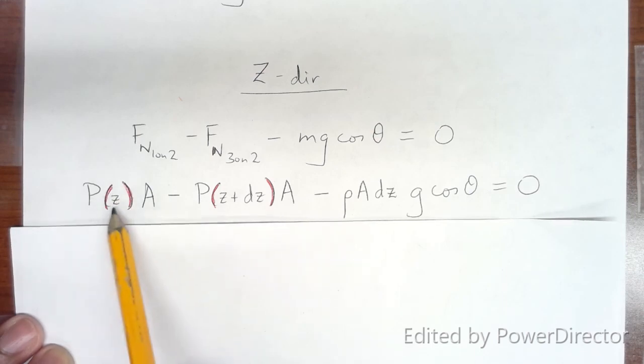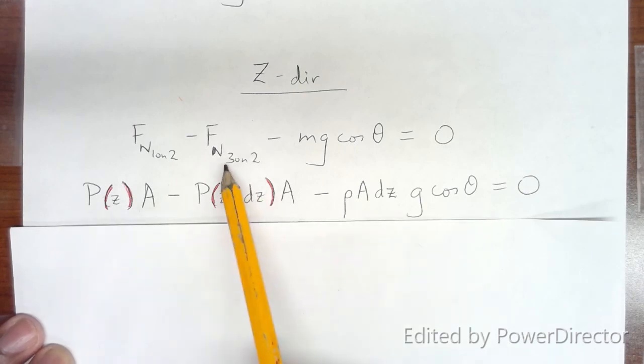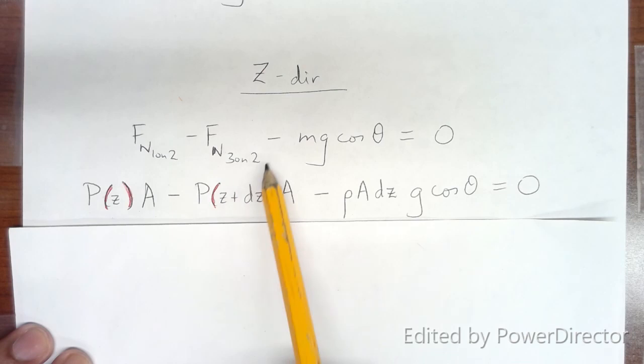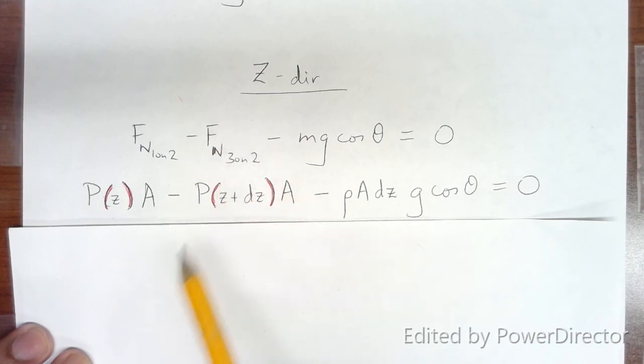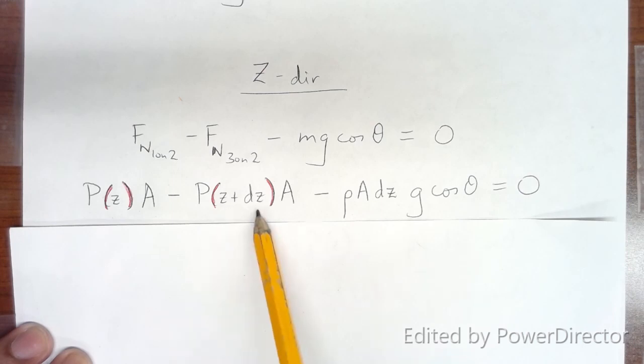I've put these little red brackets to indicate this is P evaluated at z, not P times z. Similarly, we have the normal force of layer 3 on layer 2, and that interface was at position z plus dz.